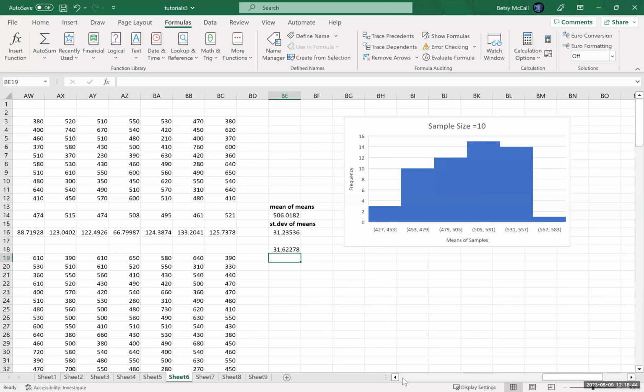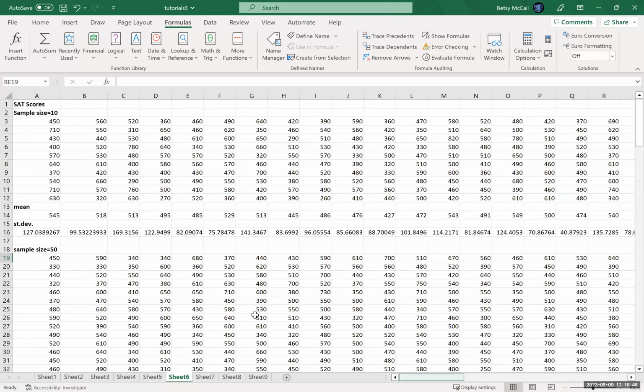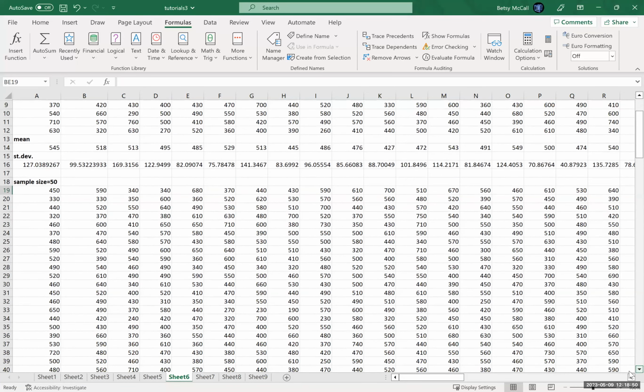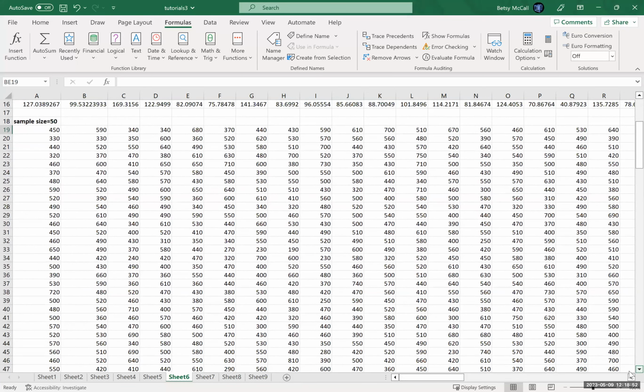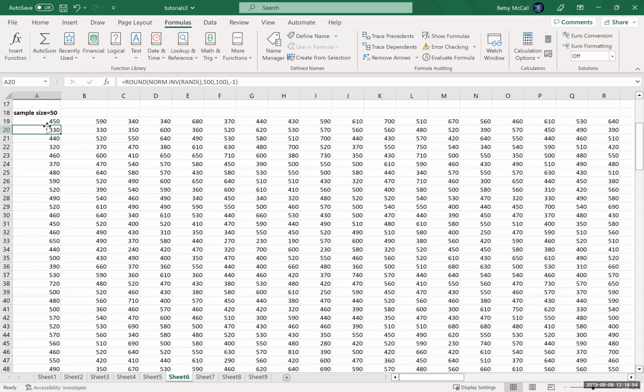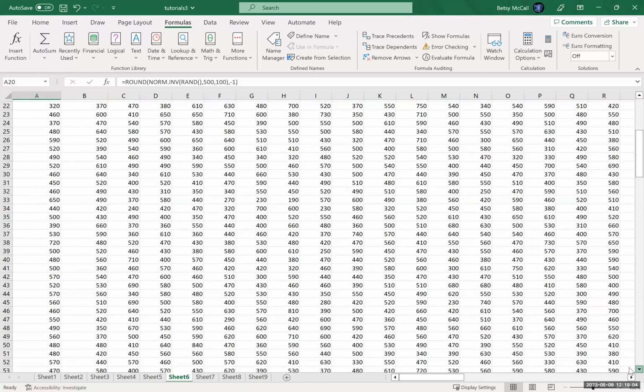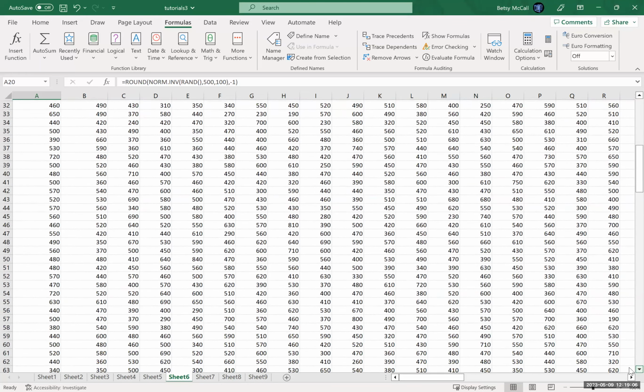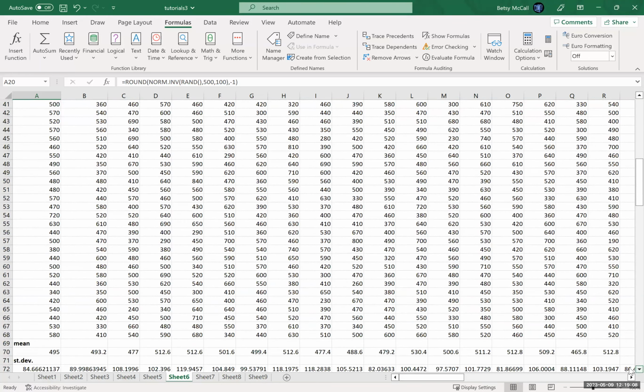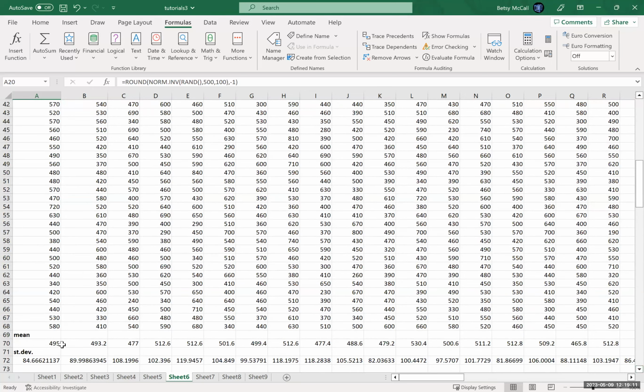Now, I repeated this exercise for sample sizes of different values. So after doing sample size 10, I created, using the same formula, some new simulated data, but now I'm doing sample size 50. And then at the bottom of my sample size 50, I'm calculating the means and the standard deviations.